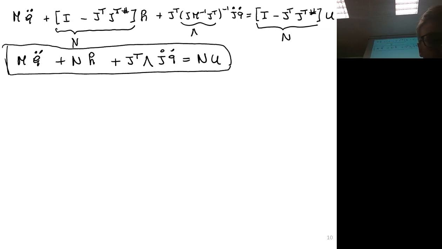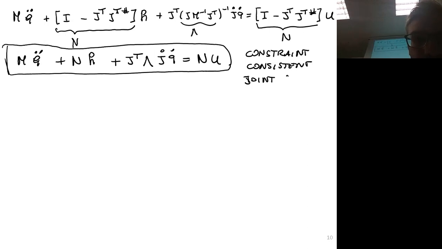And this is the constraint consistent joint space dynamics.